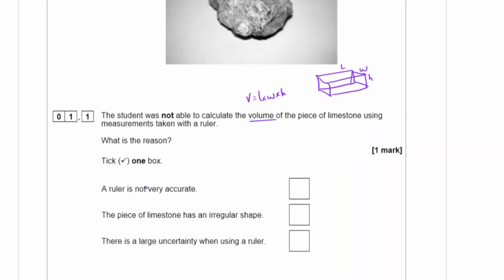Now this limestone is not a regular piece of structure or object. The piece of limestone has an irregular shape. Irregular is when you can't measure the length, width and the height using a ruler.